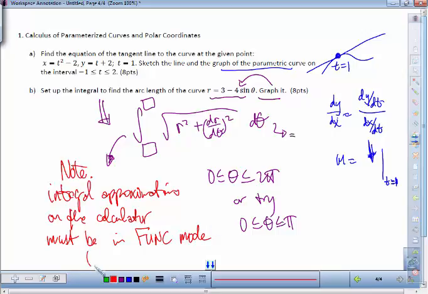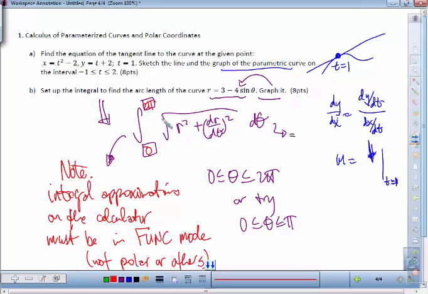Not polar. Okay. And that's when you type in 0 to pi, 0 to 2 pi. Yeah.